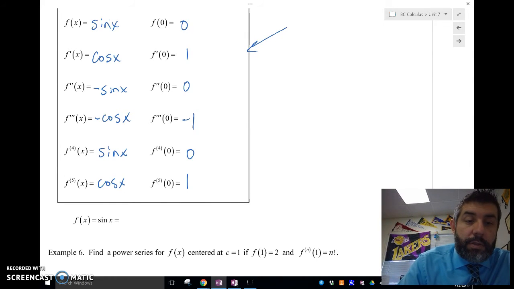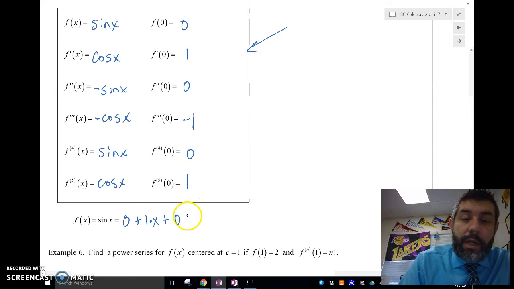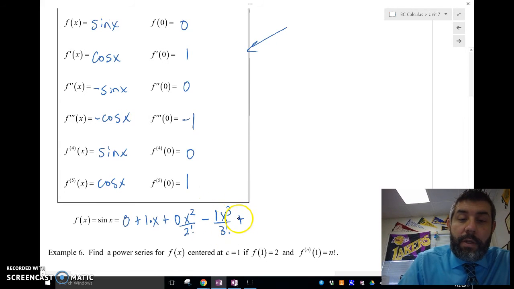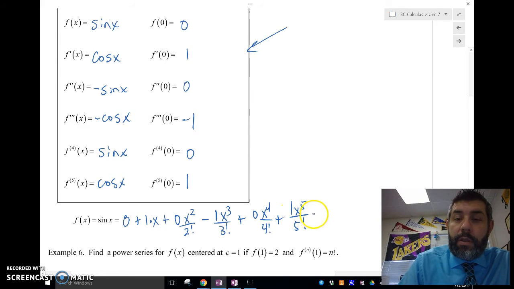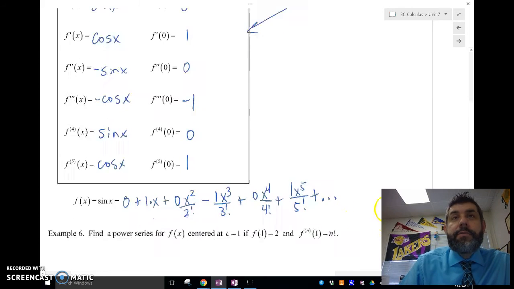So we're going to start with 0 plus 1 times x plus 0 times x squared over 2 factorial minus 1, because that's negative 1, x cubed over 3 factorial plus 0 times x to the 4th over 4 factorial plus 1 x to the 5th over 5 factorial plus dot dot dot.